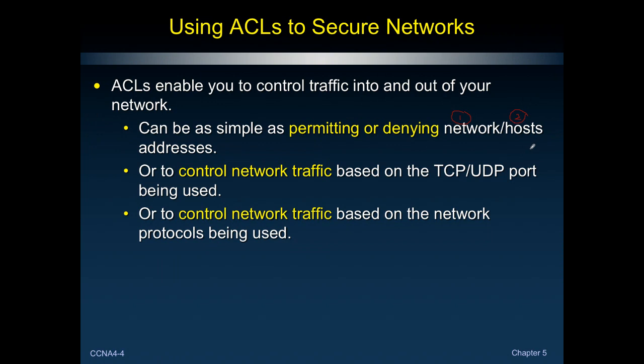Meaning you can permit traffic to the whole network, or you can also permit or deny traffic to a single host, a single computer in the network. Maybe to a server or to a switch or to a printer. So it's either a network or a single host. But you can also permit or deny to several hosts. It depends on how you write your ACL rule.